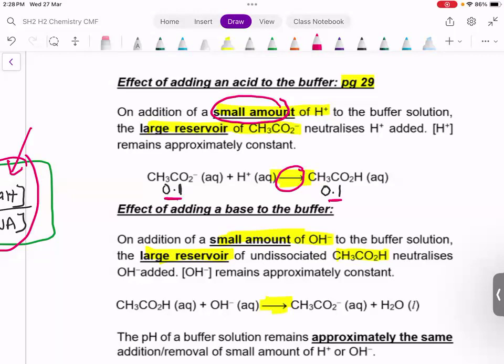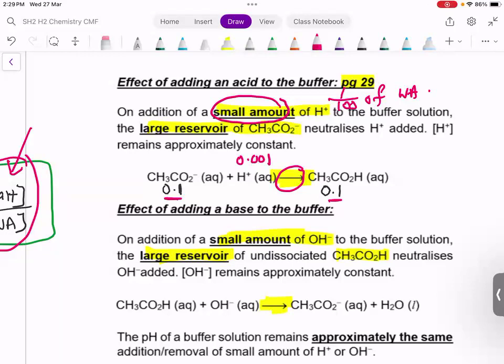When I say small amount, it can be 1% of the weak acid. So 1% of this weak acid is 0.001. Agree? So small amount is relative, relative to the concentration of the weak acid and the salt that is present in the system. So when we take just 1% as the small amount, then I will have this, correct?